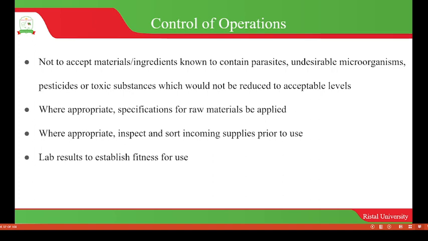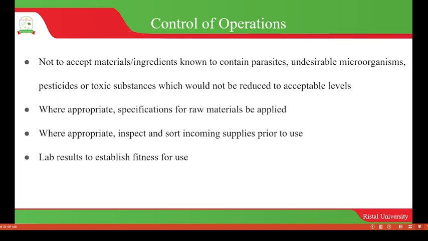Then, where appropriate, specification for raw materials should be applied. We have to specify the raw materials so that we shall know, and it will help us to prevent cross contamination. Then also, where appropriate, we have to inspect and sort incoming supplies prior to use.